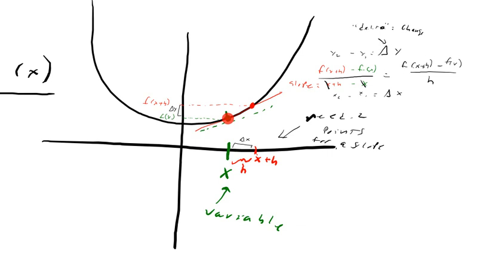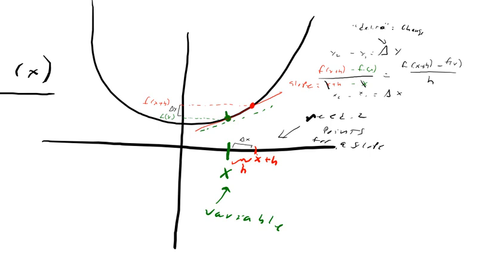So the trick that they came up with was, what if I took this delta x, this h value, this small difference, and I shrank it down until it was equal to 0. I shrank that space between the 2 points until there is no space, until it's just a single point. Then I have the slope at that particular spot.